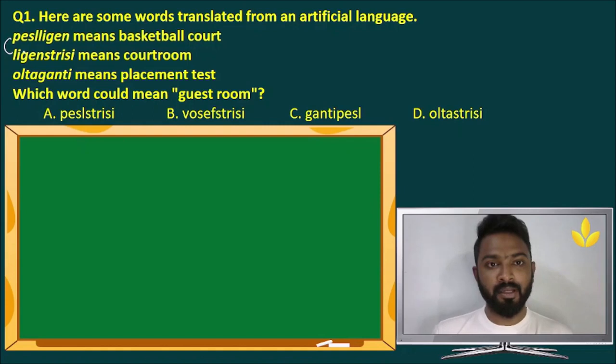For example, in the first one, LIGEN is common in both. So over here in the worded section, in the English section, we see which word is common. That is coat. That means LIGEN is the code for coat.